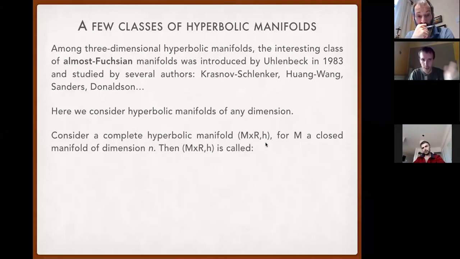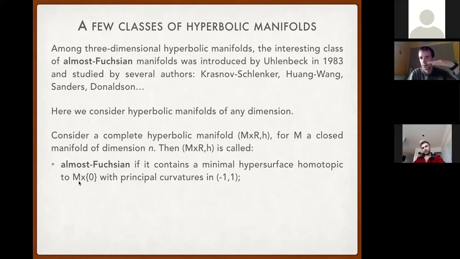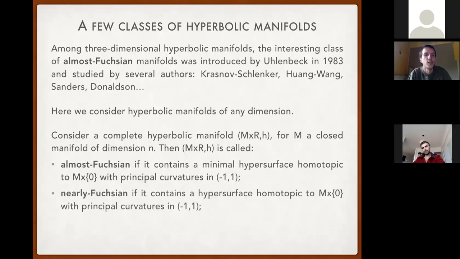Such a hyperbolic manifold endowed with a hyperbolic metric H is called almost Fuchsian if it contains a minimal hypersurface, a hypersurface of vanishing mean curvature, which is homotopic to M cross 0, a sort of horizontal slice, and has principal curvatures strictly contained between -1 and 1. Again, this is the definition originally given in dimension 3, but we will use it in any dimension. Another definition, a larger a priori class, is the class of nearly-Fuchsian manifolds.